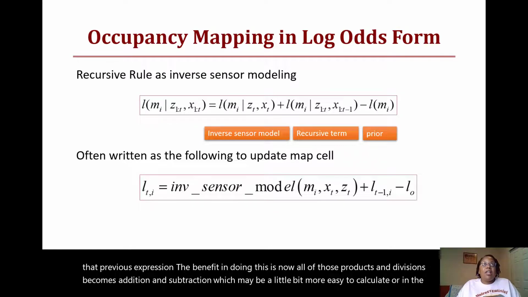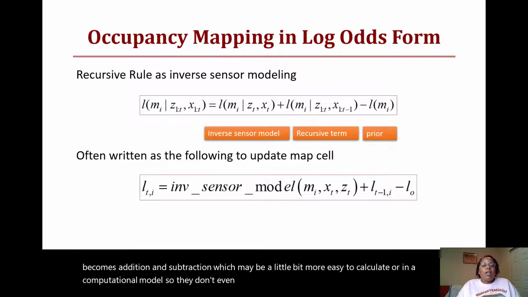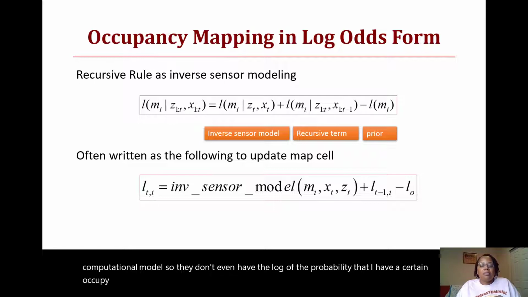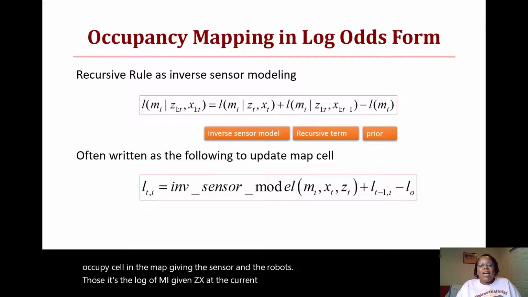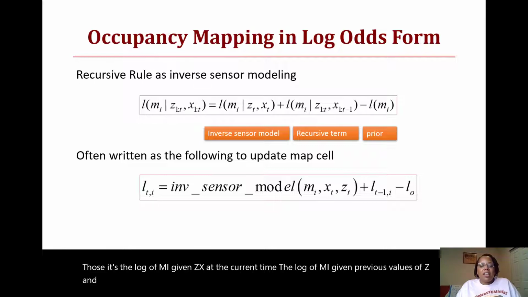So then you would have the log of the probability that I have a certain occupied cell in the map given the sensor and the robot's pose is the log of mi given z and x at the current time, plus the log of mi given previous values of z and x, minus the log of the prior. So that's now our inverse sensor model, our recursive term, and our prior in terms of the log odds form.